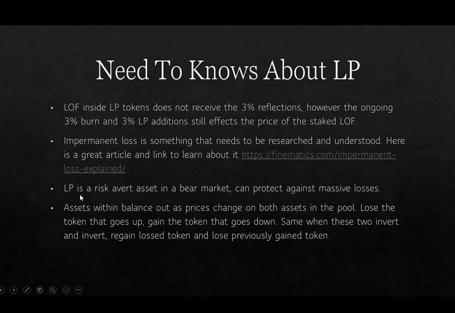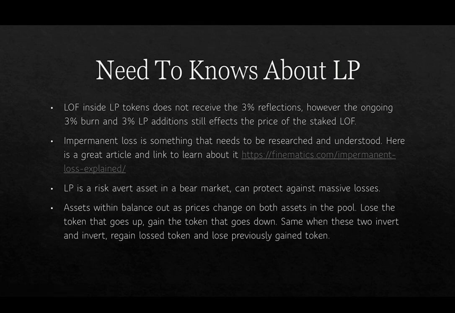Like I said earlier, LP is a risk-averse asset in a bear market, because if one of them goes down, you're going to have one that goes down further than the other, and you're going to find your value right about in the middle. So say one of them drops 80%, the other one drops 50%, your total loss will be about 65%. You don't know which asset it's going to be.